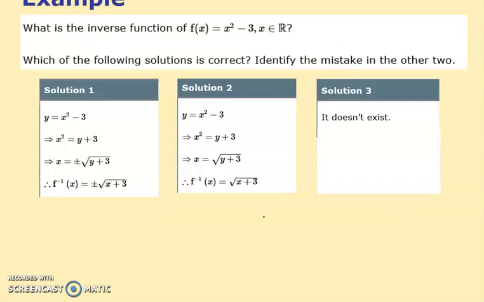Okay. Right, what's this question say? It says, example, what is the inverse function of f of x equals x squared minus 3, where x belongs to the real numbers? Notice the domain actually hasn't been restricted. It's just all numbers. So if I was to draw the graph of this, x squared minus 3, well, that actually looks like this. It's a U shape crossing at minus 3.